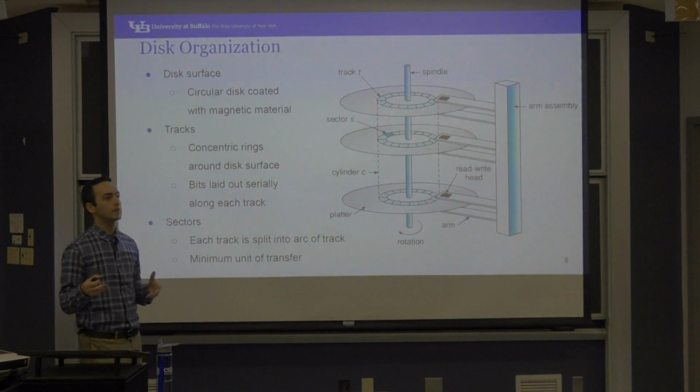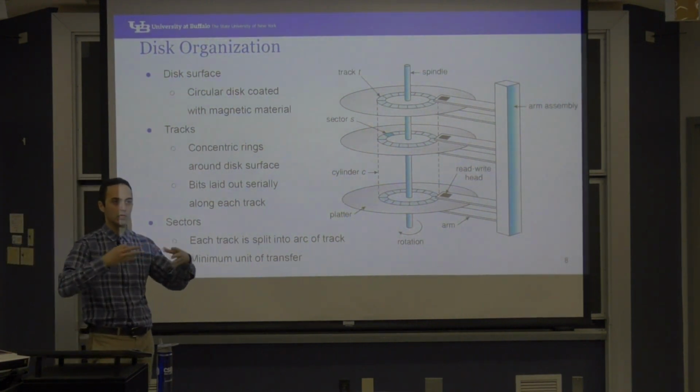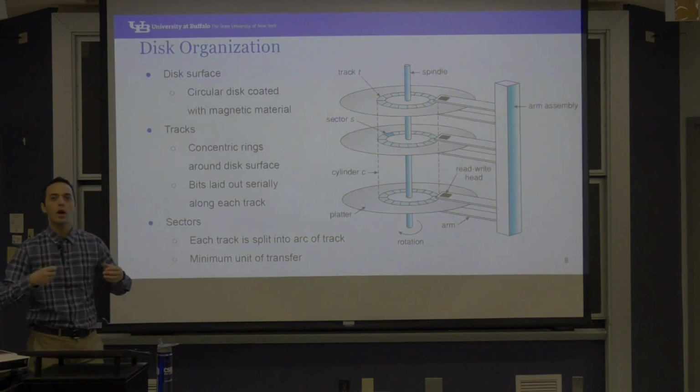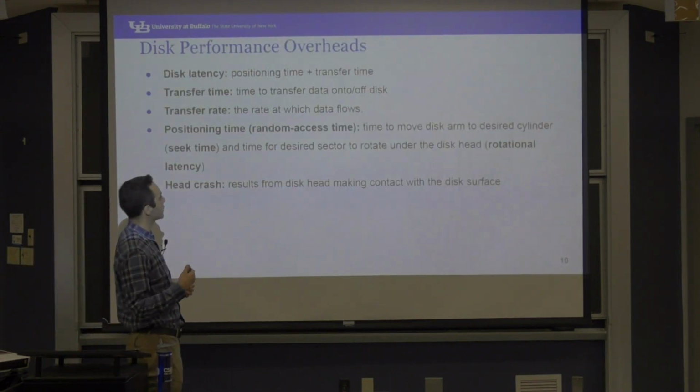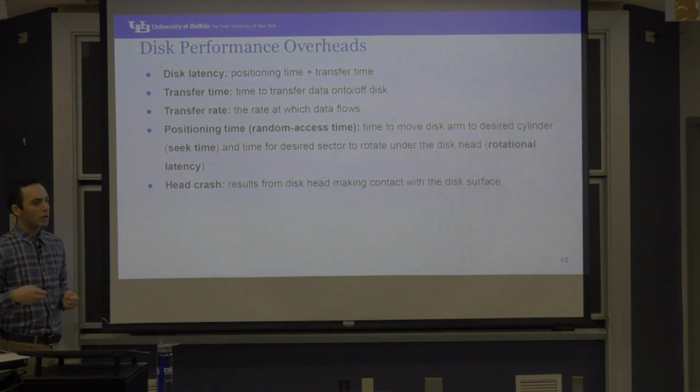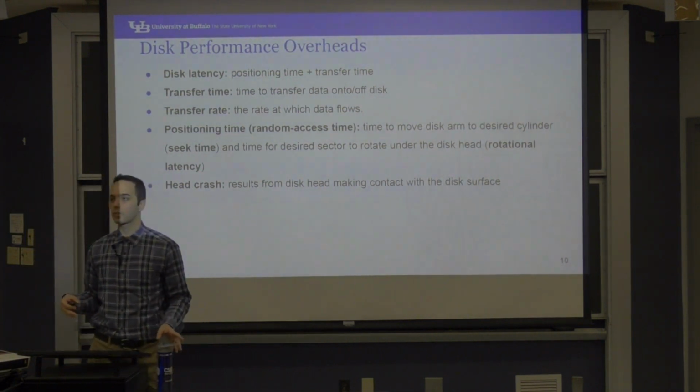The other way to do it is to change the density of material. Each sector, for example, can be a little bit stretched on the outer tracks. So, going back to this, that's why for rotational latency you don't have to calculate it for different tracks, but it's just an average.